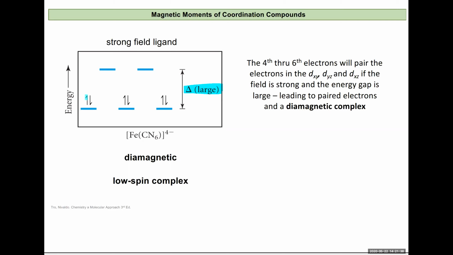So for electrons 4, 5, and 6, they'll pair up, and we'll have a complex that doesn't have any unpaired electrons. When we don't have an unpaired electron, we call it diamagnetic. So for this case, we have a low spin complex that's diamagnetic. We have no unpaired electrons. And we're looking here at an iron +2 ion.